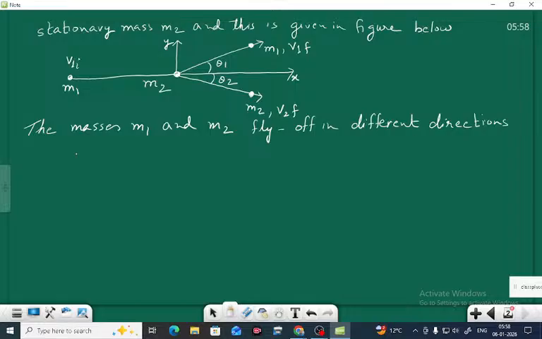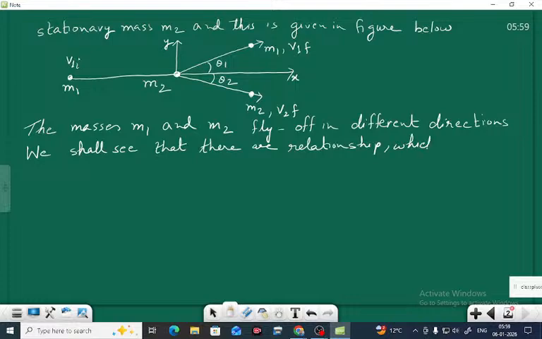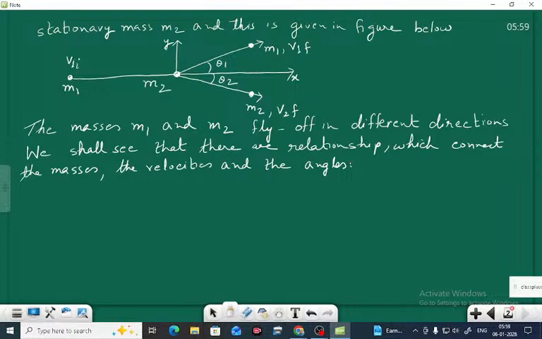We shall see that there are relationships which connect the masses, the velocities and the angles.